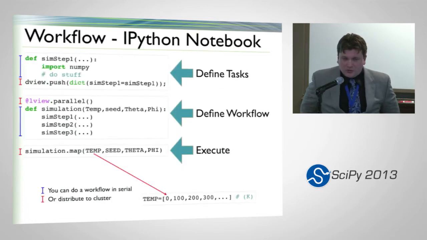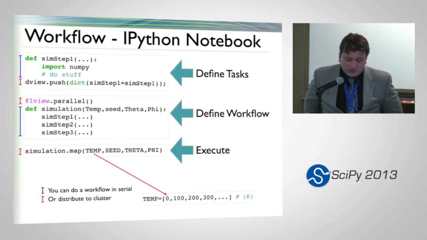So I'm going to take you through code that I pseudoized from an actual notebook to show you exactly what I did. And this is actually very, very similar to a lot of the documentation online. So I define all the steps of my workflow as Python functions, and then I assemble those functions within a global simulation function, and then I simply run it.